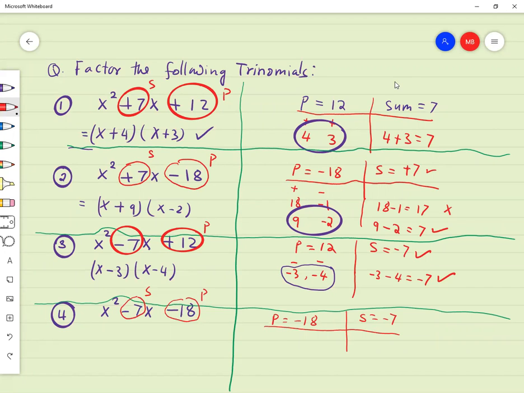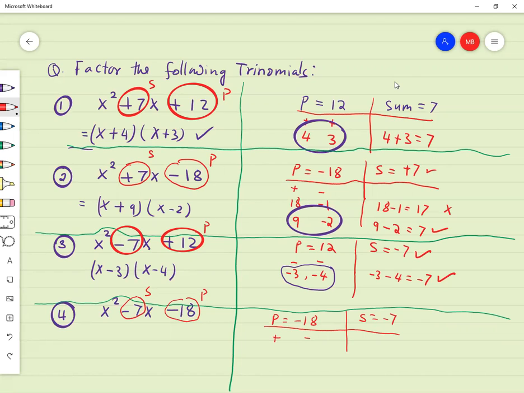Because the product is negative, one number should be negative and the other positive, otherwise their product will not be negative. And because the sum is negative, the bigger number should be negative, otherwise the sum will not be negative.